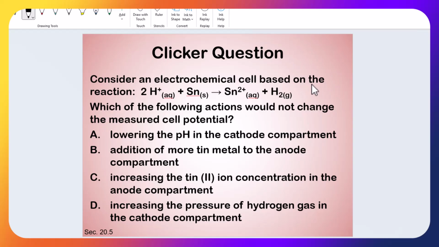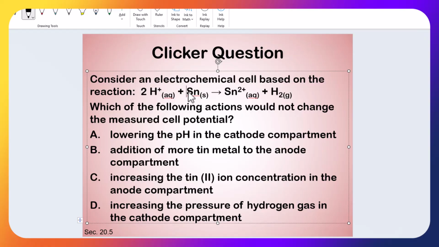Consider the electrochemical cell based on the reaction 2 H+ plus Sn solid produces Sn2+, so tin is being oxidized to Sn2+, then you got H2 gas. Well, here's the deal. The gas counts, the concentration in aqueous solution counts.